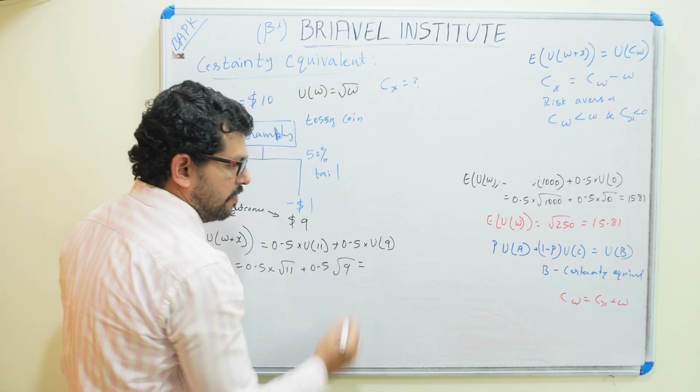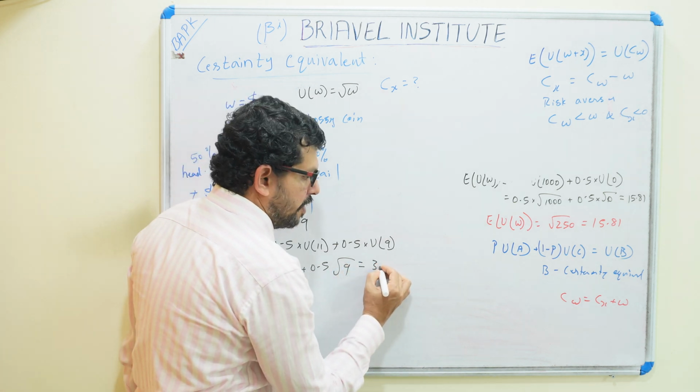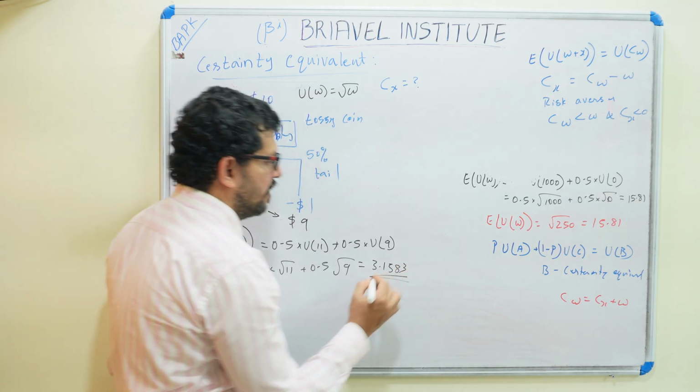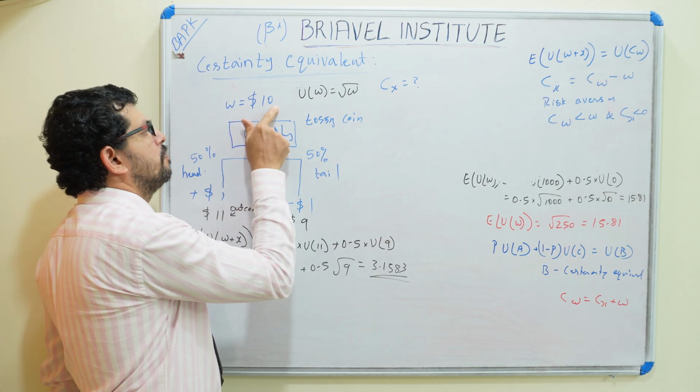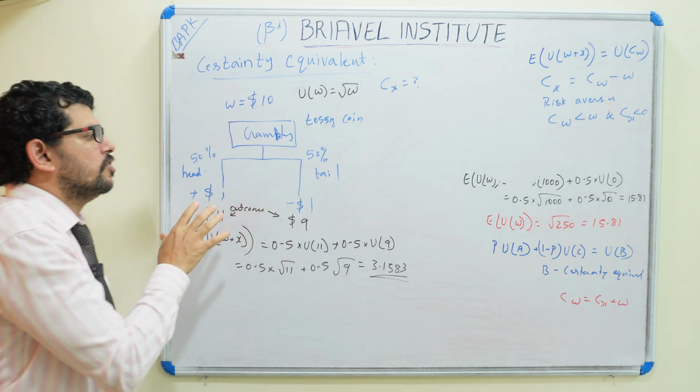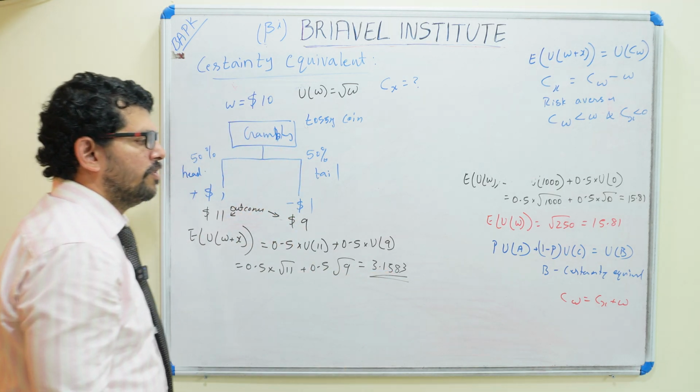If you calculate, you will get 3.1583. So this is my expected utility for the portfolio having the wealth plus gambling option.